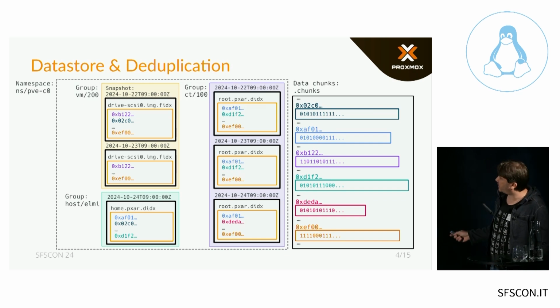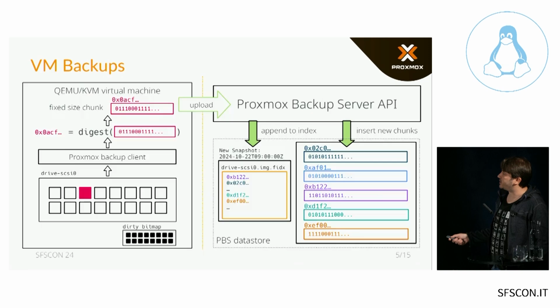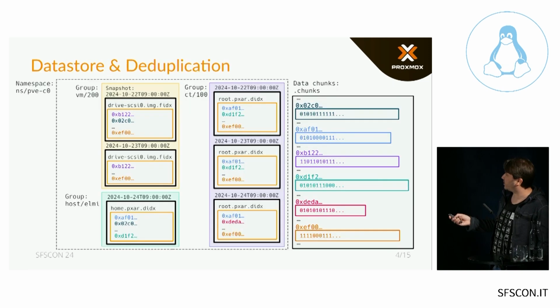The data is stored within these chunks, and the actual backup snapshots can then reference these chunks logically. So this archive, for example, contains these logical chunks, and the advantage of this approach is that multiple indexes, multiple backups, can reference the same data chunks if the data is unchanged, making it really efficient for deduplication.